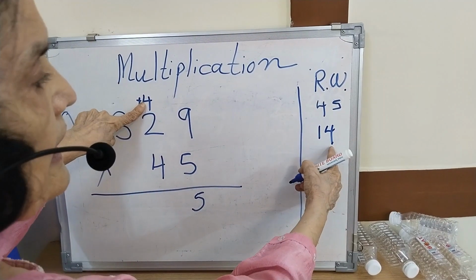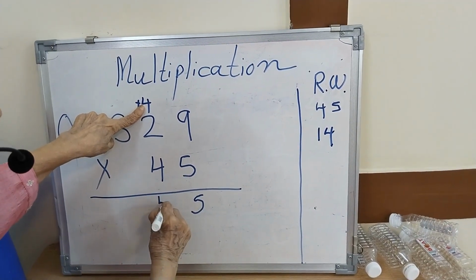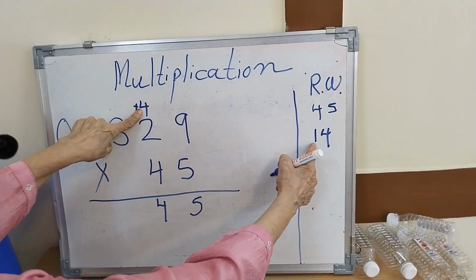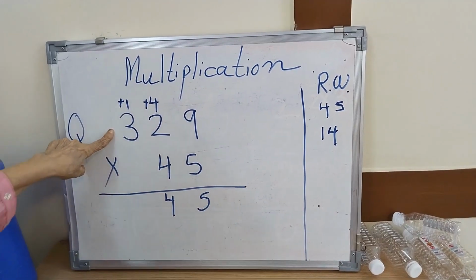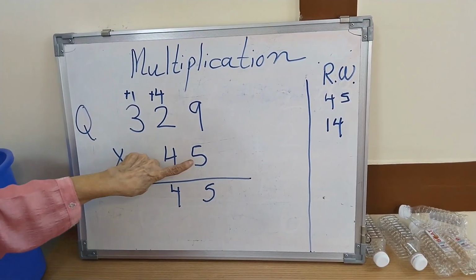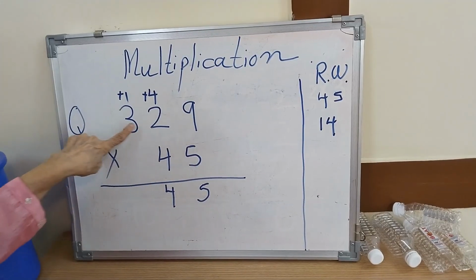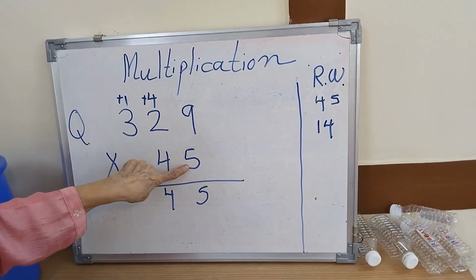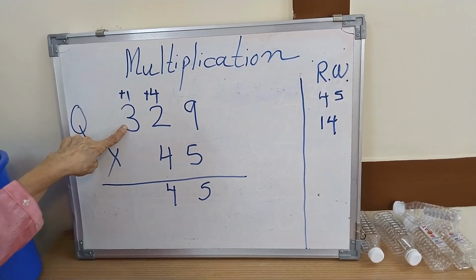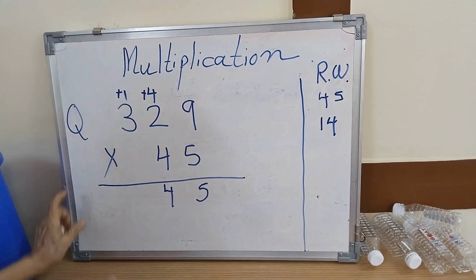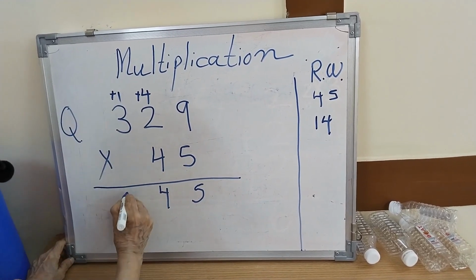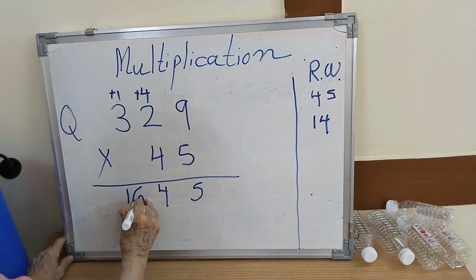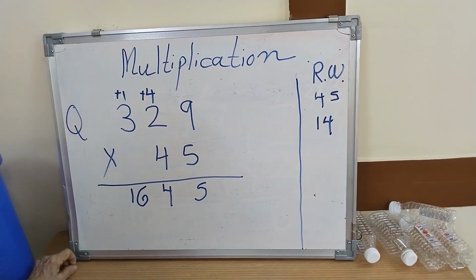So from 14, 4 number will go here and this one number will come here as plus. Now we have come to 5 into 3. 5 3s are 15. 15 plus 1 is 16. Now there is no other number in front and hence 16 we write as it is.